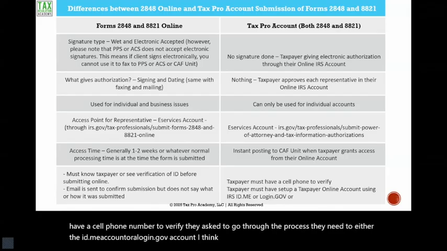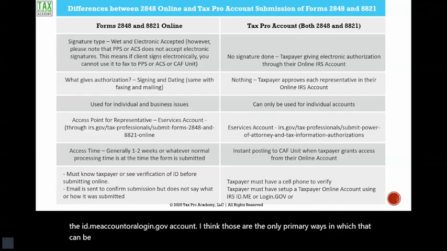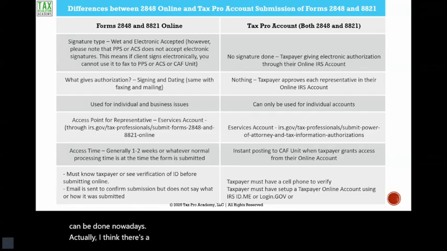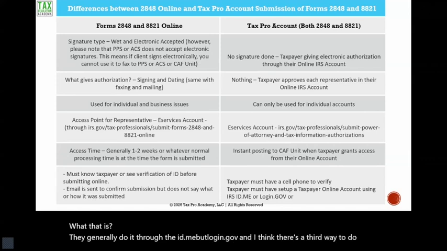I think those are the only primary ways in which that can be done nowadays. Actually, I think there's a third way. Give me one second, and I can see what that is. They generally do it through ID.me, but login.gov, and I think there's a third way to do it, but I'm not coming up with that right offhand.